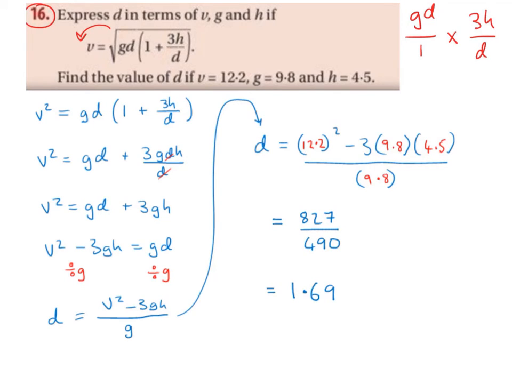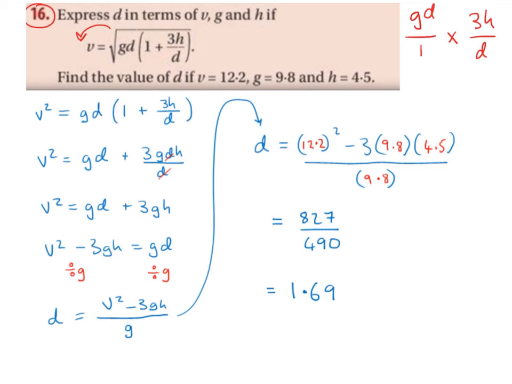And we're going to do top by top, bottom by bottom. So gd times 3h is going to be 3gdh. We basically just stick them all together with the 3 in front. And 1 times d is just d. Now I can see that the d's will cancel out above and below, leaving me with 3gh over 1, which is just 3gh. So now I've got v squared equals gd plus 3gh.